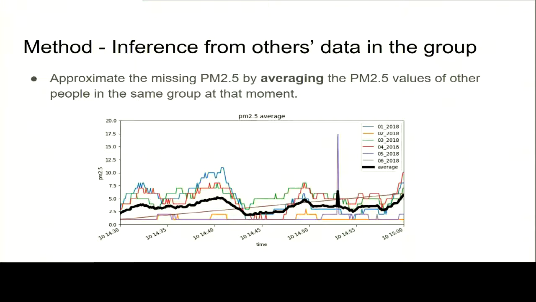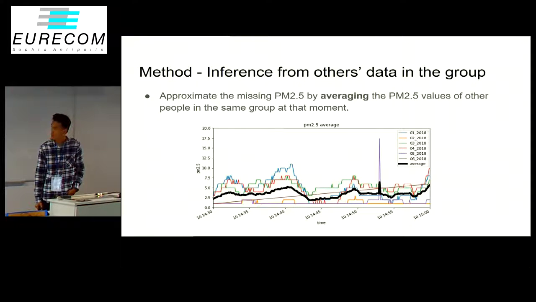In the first enhancement, they average the PM 2.5 values of other people in the same group at the corresponding times, for each minute or each second, and infer the missing one. One problem here is that the gap between recorded values is around 1 minute or 1 second, which is different for other people in the group.